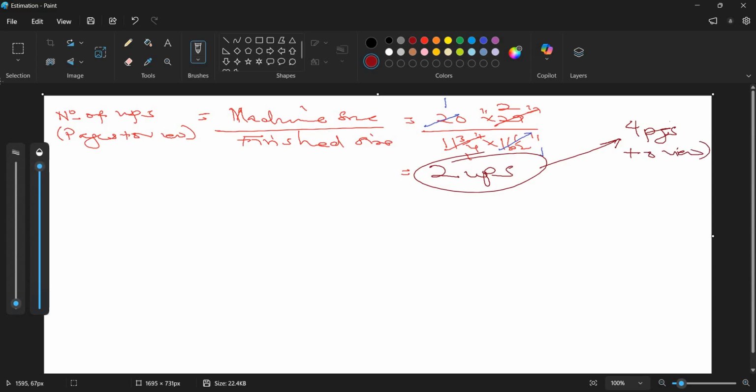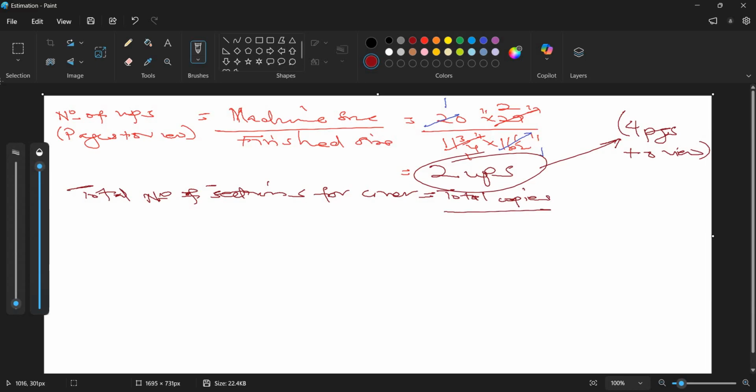Alright, so having had this, now you want to know total number of sections for cover, right? How many books are you producing? So it's your total copies, right?